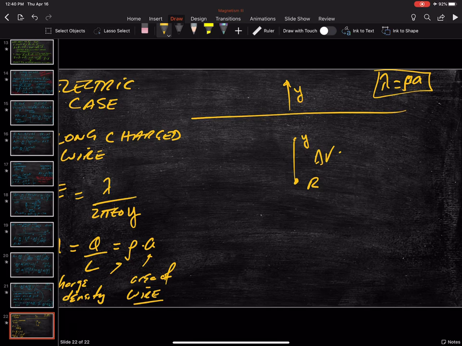Well, hopefully you remember. Delta V is minus integral from R to Y of the electric field dr. Let's integrate that.